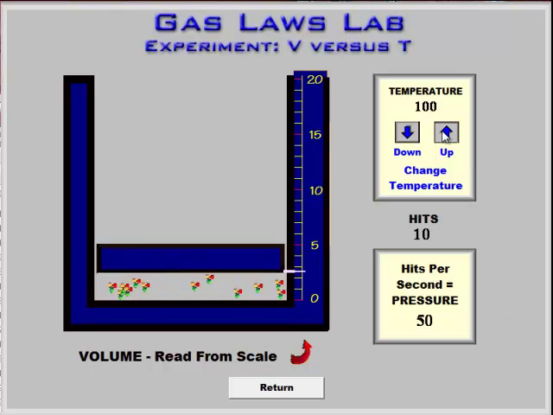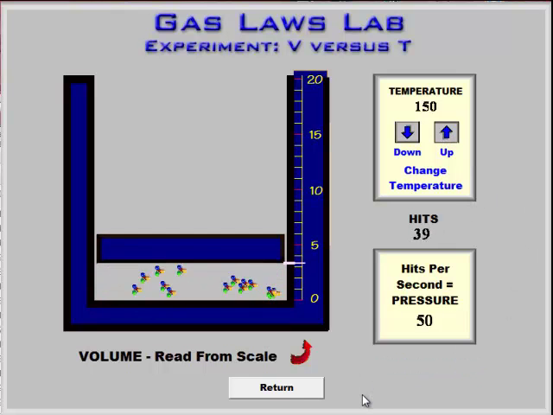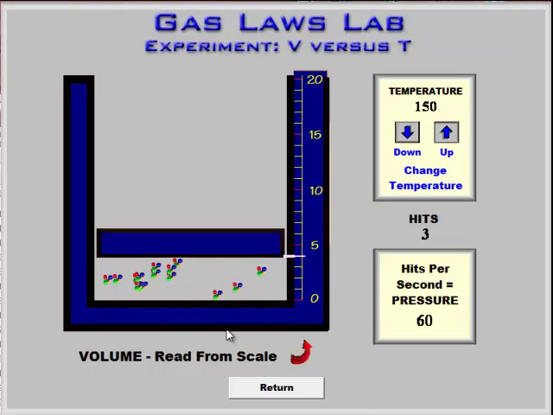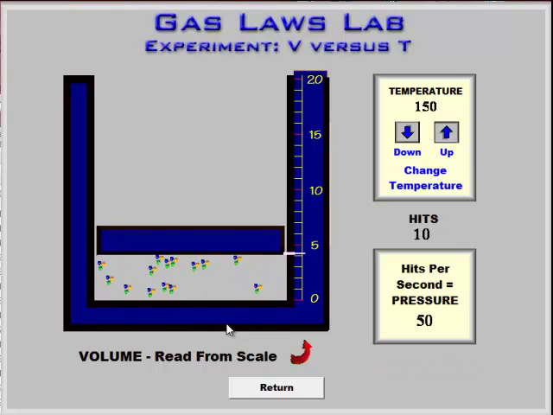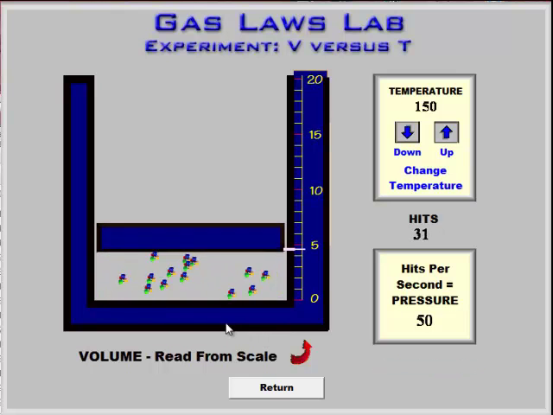And what will happen is as we increase our temperature, the molecules will hit the weight more often, and they will cause the volume to change. In this case, as the temperature goes up, the volume should increase.